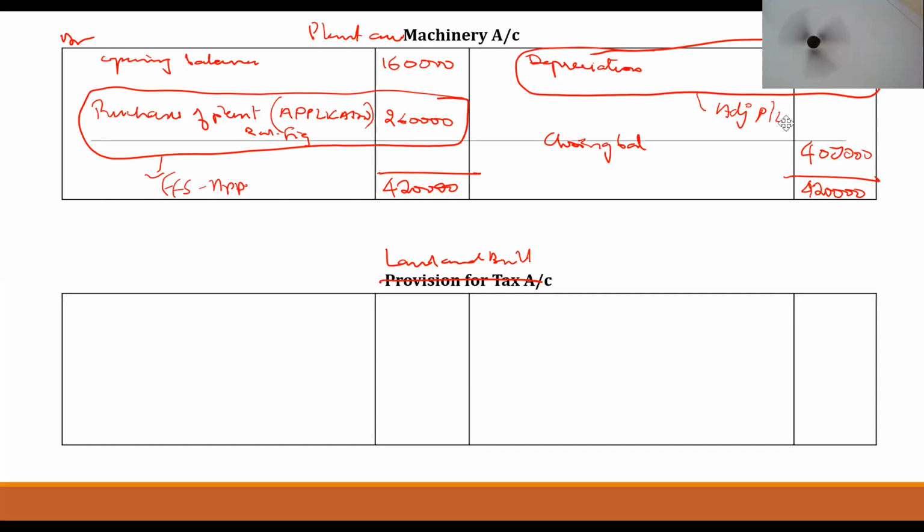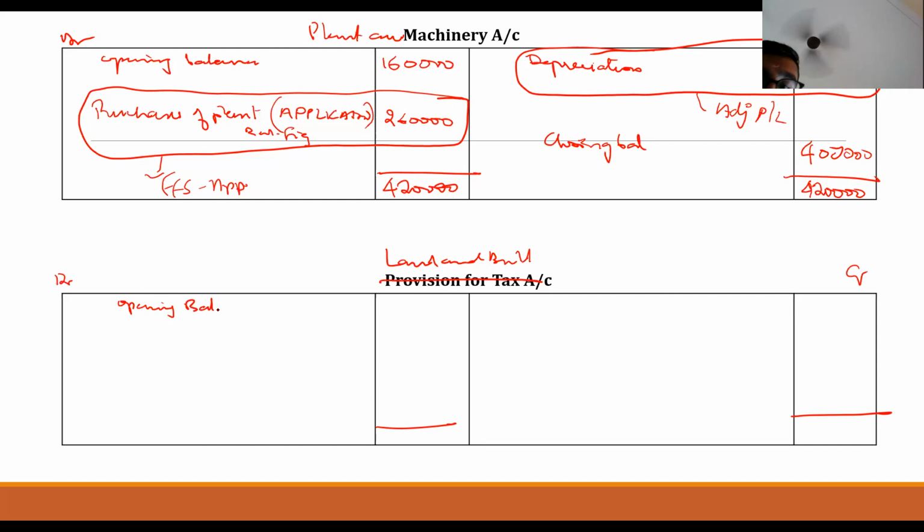What about land and building? Land and building also has the same adjustment, but a slight difference. Opening balance and closing balance. Opening balance, which side? It is an asset account, debit side.